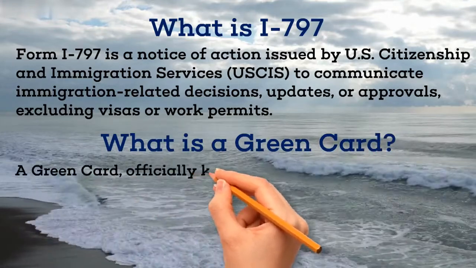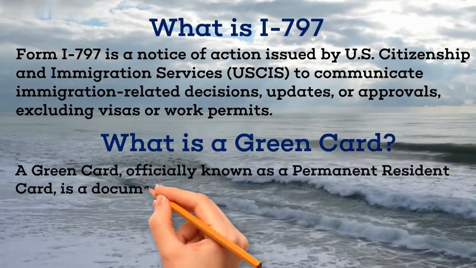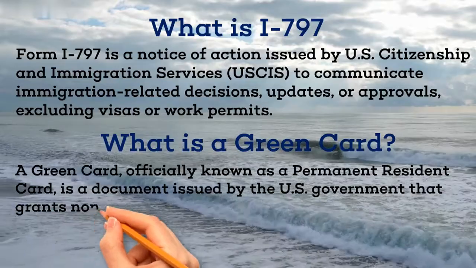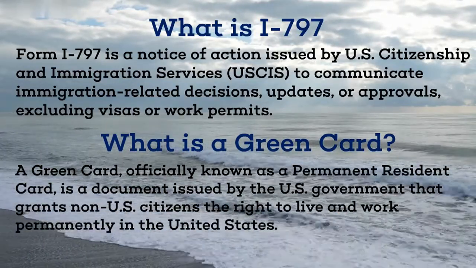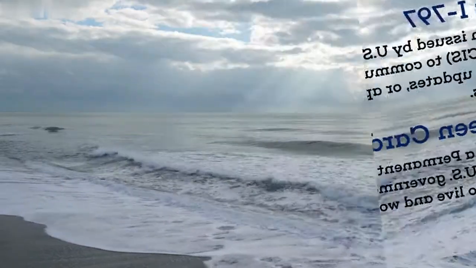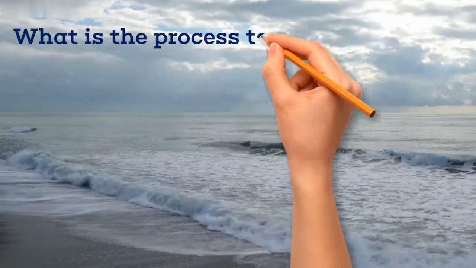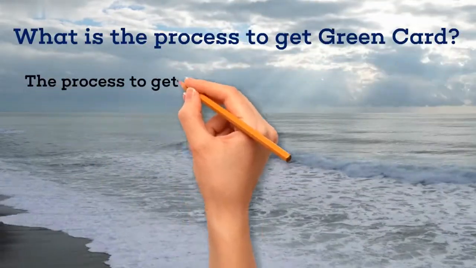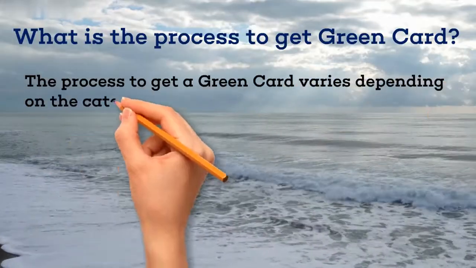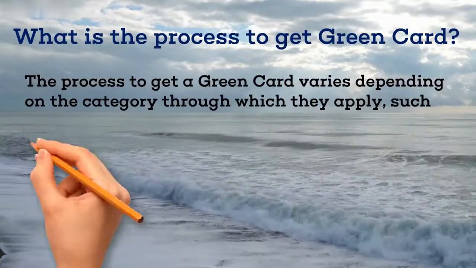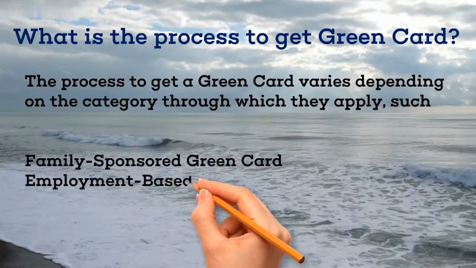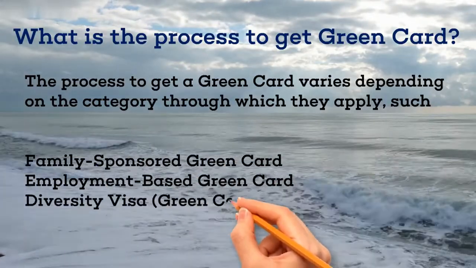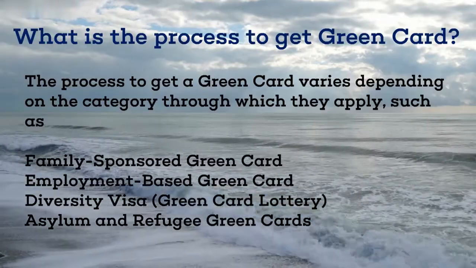What is a green card? A green card, also known as a permanent resident card, is a US government document granting non-US citizens permanent residence and work rights. What is the process to get a green card? The process for obtaining a green card varies depending on the category, like family-sponsored green card, employment-based green card, diversity visa, asylum and refugee green card.